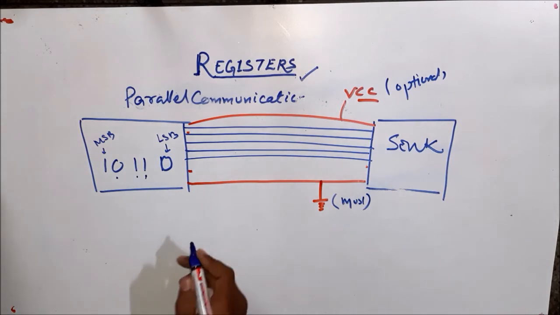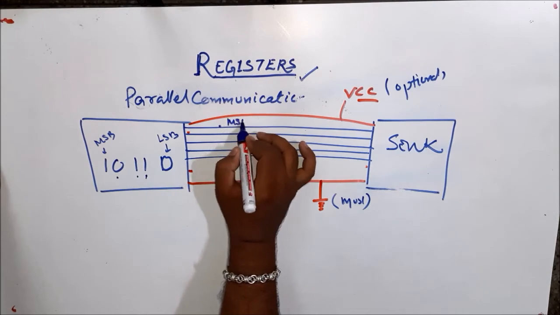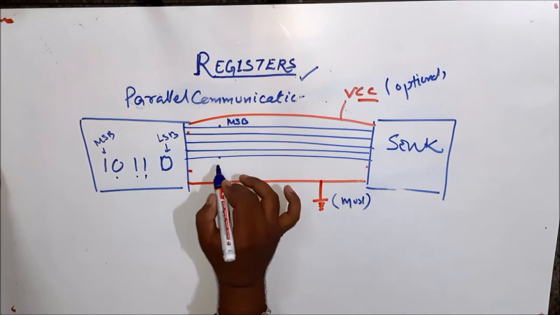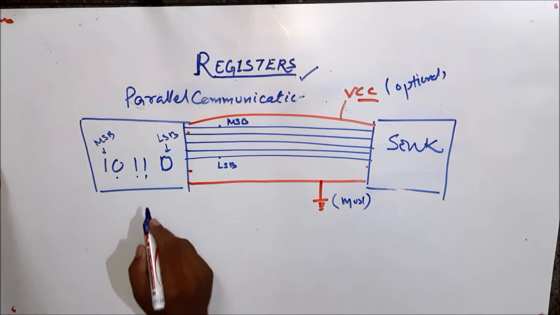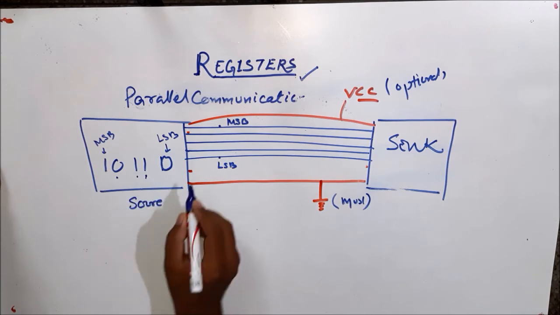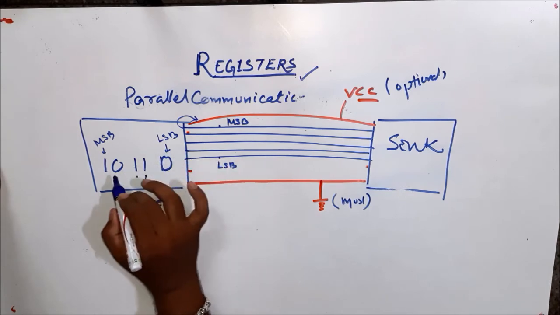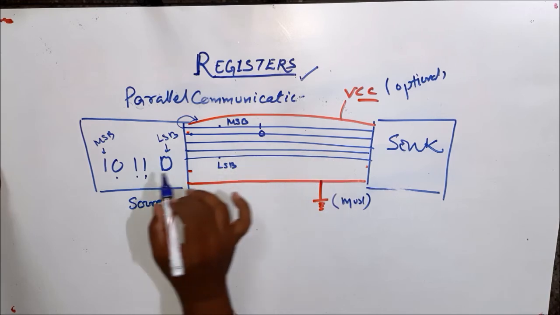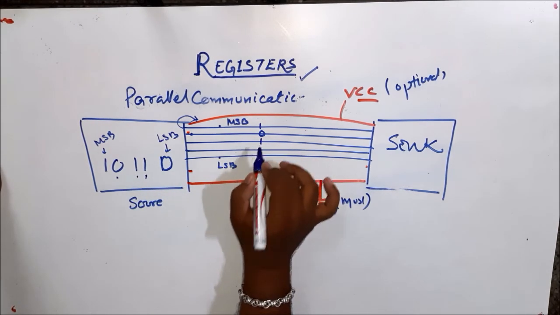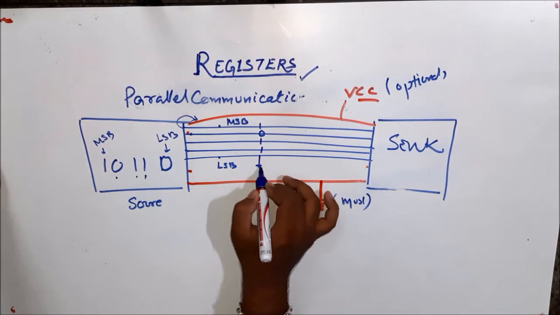Whenever I want to send, for example, this line is responsible for MSB, and the last line is responsible for LSB. MSB is 1. That means the source connects the first line to the VCC line, then the second line to the ground line. So this is 1, this is 0. Then the third line to the VCC line, the fourth line to the VCC line, and the fifth line to the ground line.